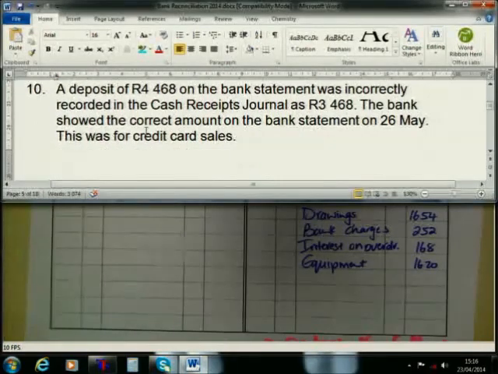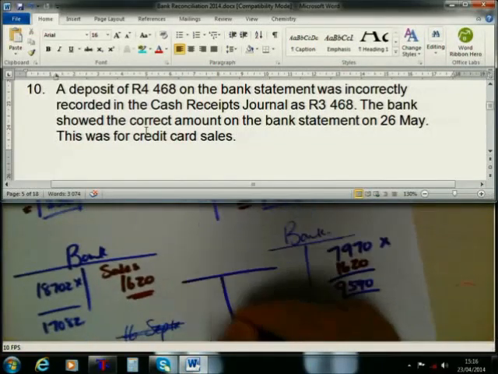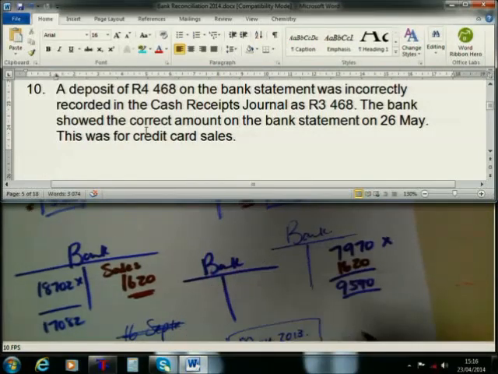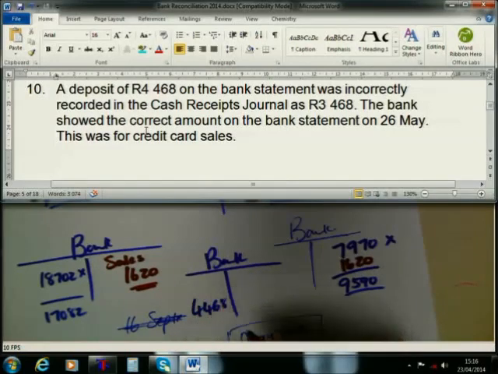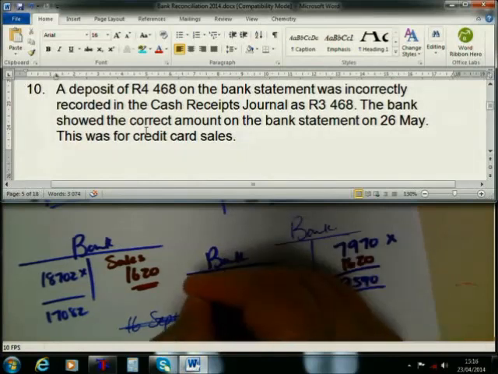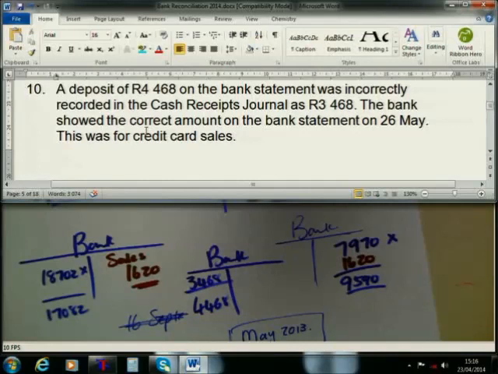A deposit of 4,468 on the bank statement was incorrectly recorded in the cash receipts journal as too little, as 3,468. What is the difference?